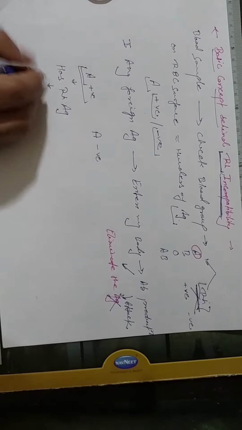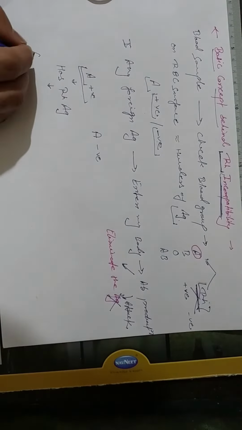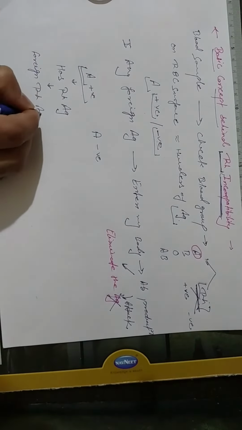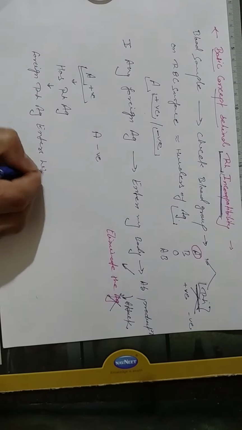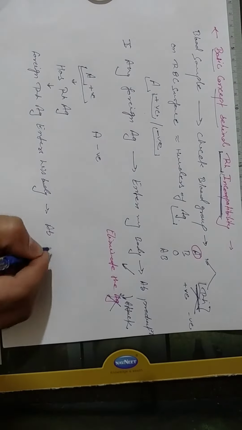So if foreign Rh antigen from outside enters his body, would there be any antibody production?